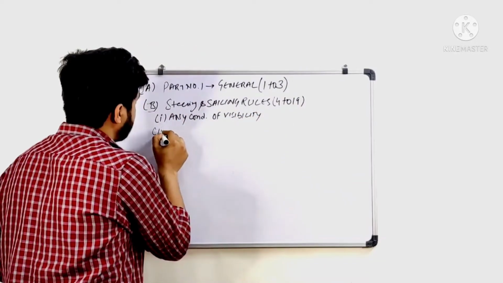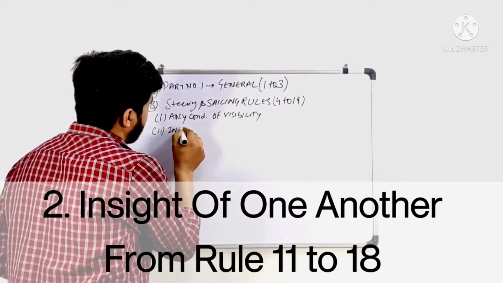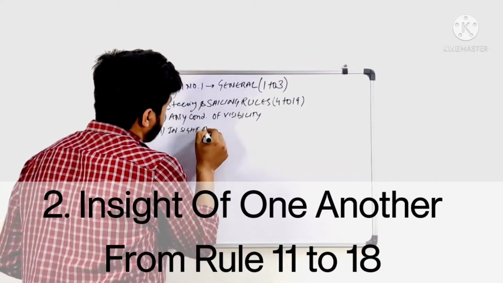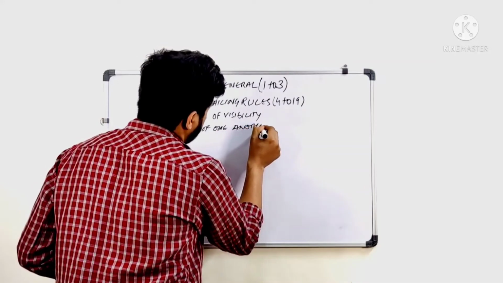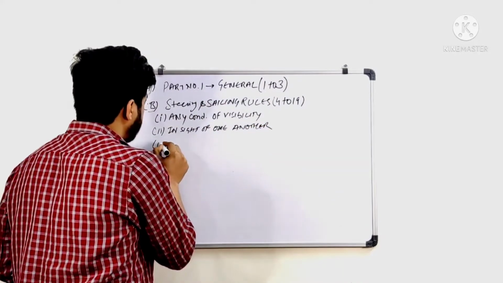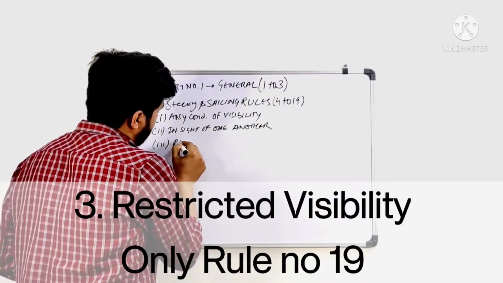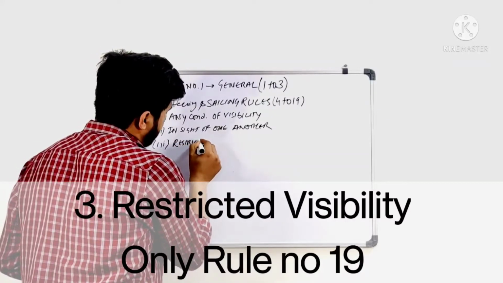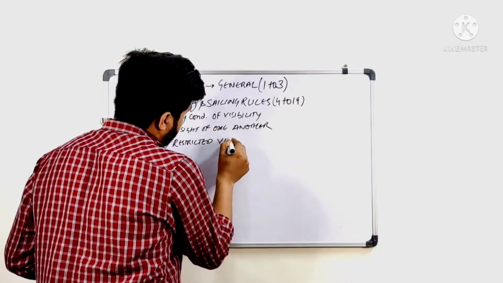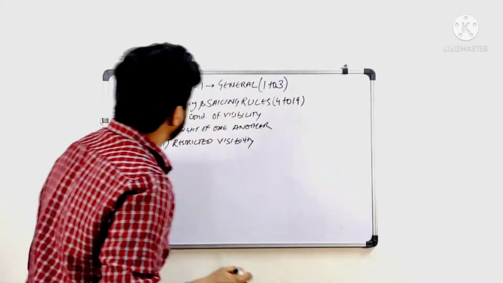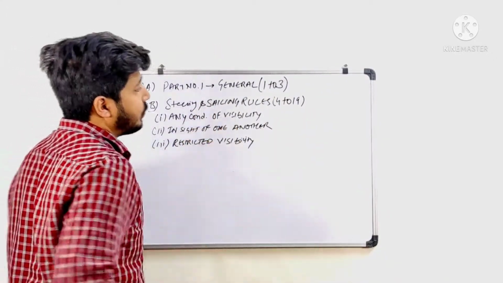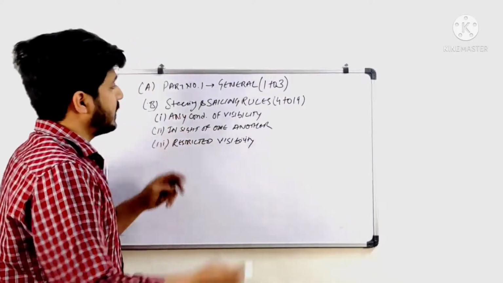Second is in sight of one another. Third is restricted visibility. So the steering and sailing rules have been divided into 3 parts.